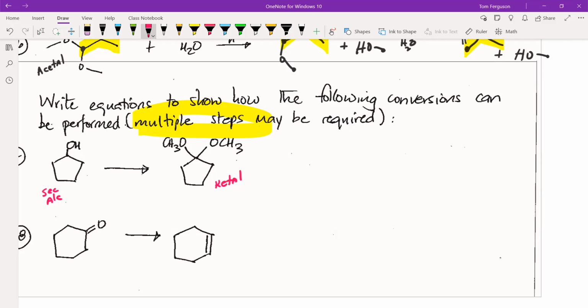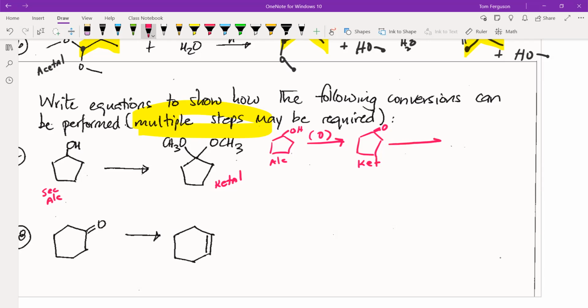So let's convert the secondary alcohol into the ketone first. So we go alcohol, ketone.